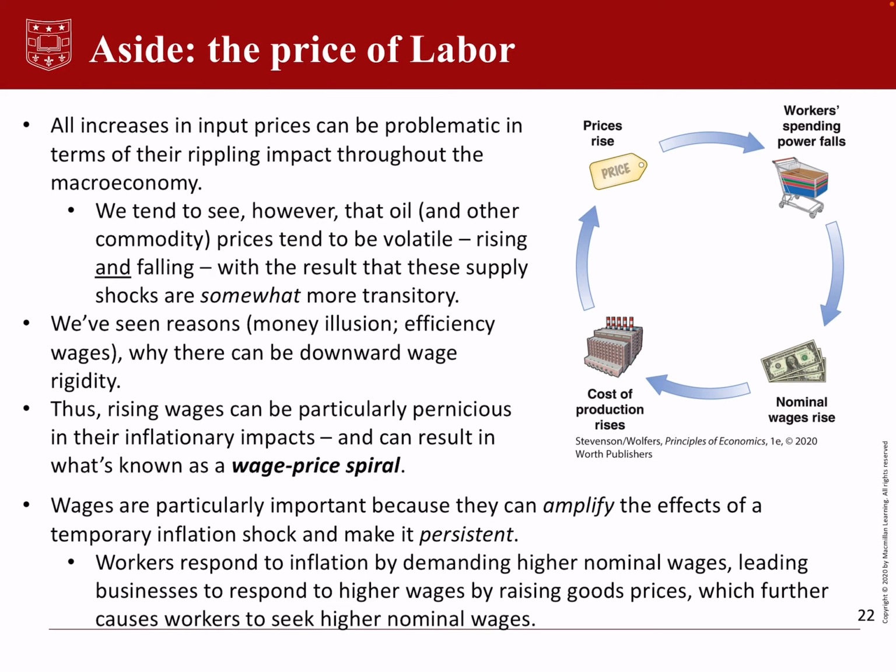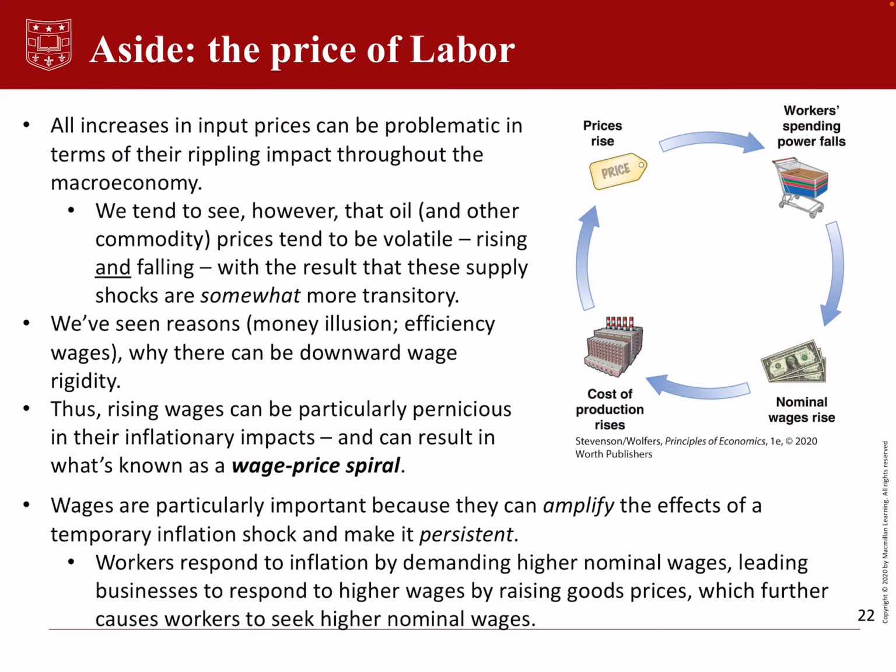So we've seen reasons prior, specifically the problem of money illusion and efficiency wages, why there can be downward wage rigidity. And so, in an inflationary environment, when that starts to feed through to wages, this can be particularly pernicious in their ongoing inflationary impacts. And it can result in what's known as a wage price spiral.